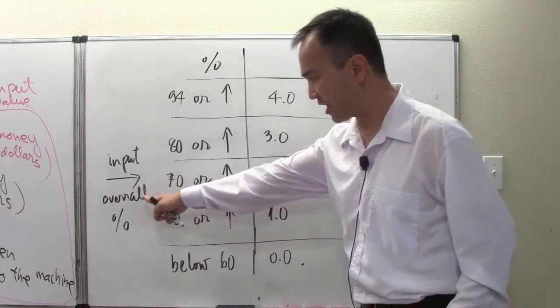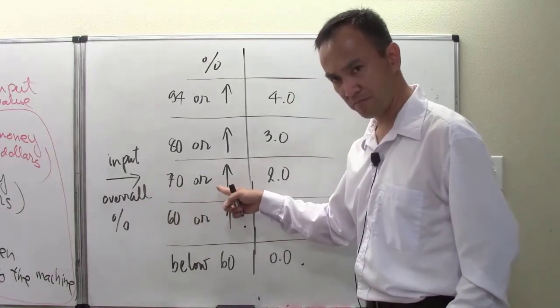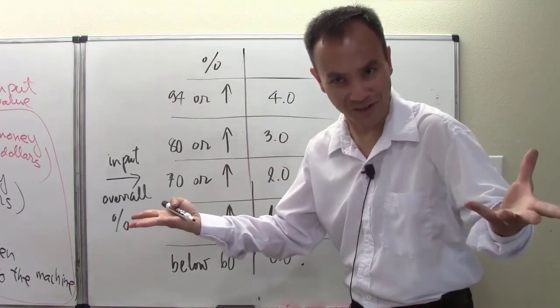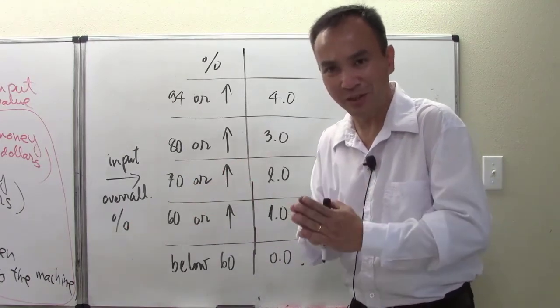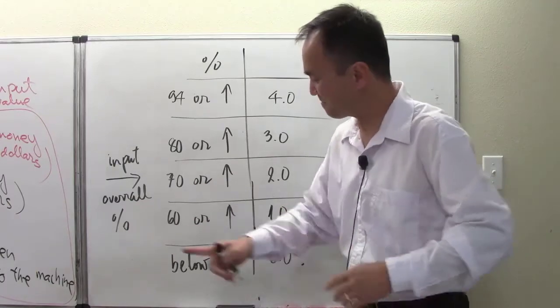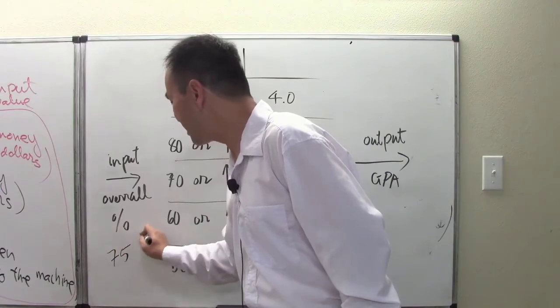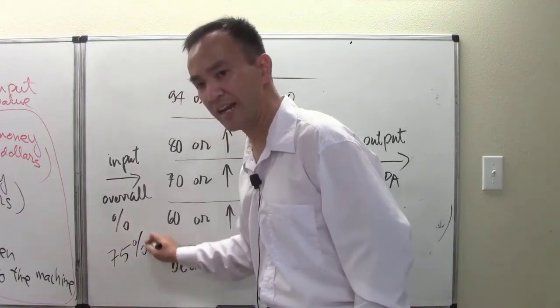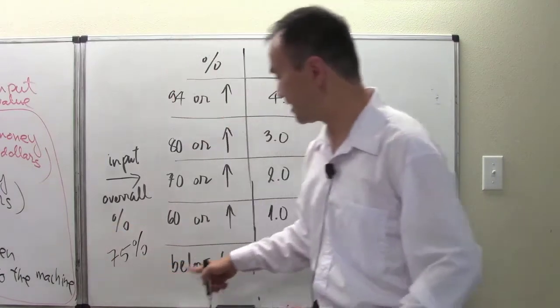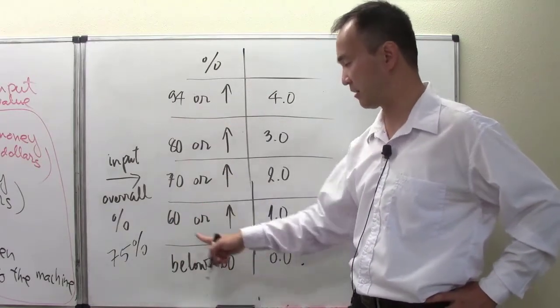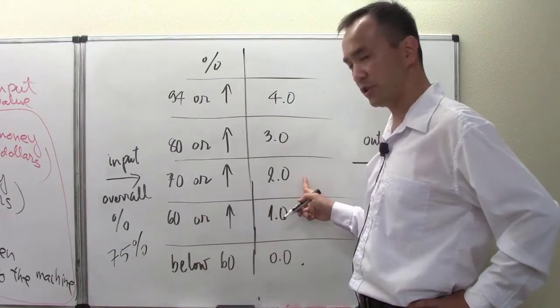But here's a problem. Say a fair, consistent professor has a student who earns 75% at the end of the academic term. He looks into this chart and says, your final GPA is a 2.0.